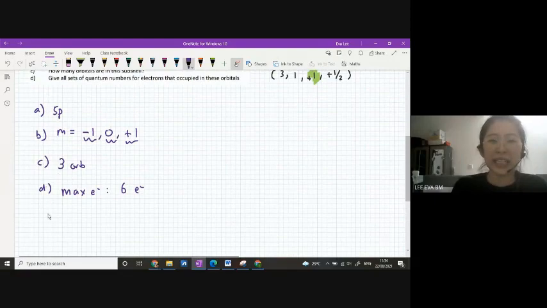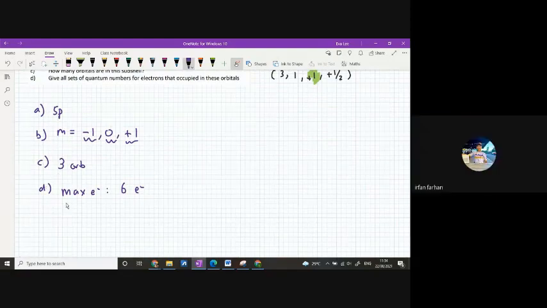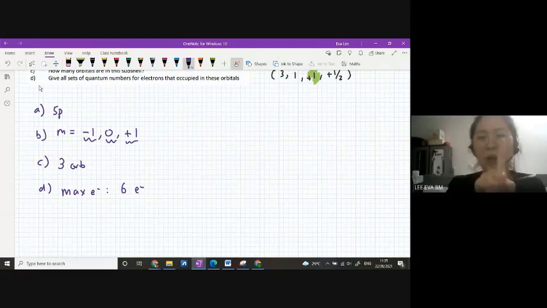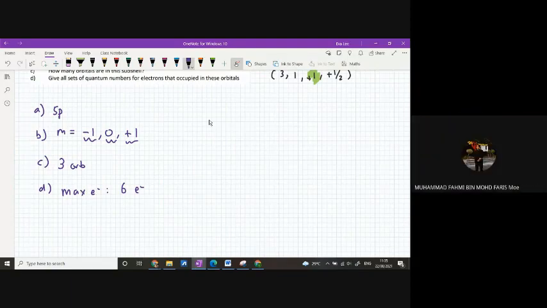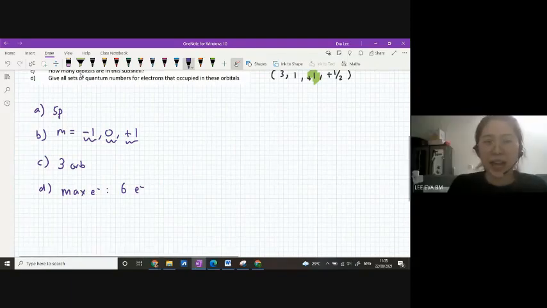How many sets of quantum number? Kalau madam cakap satu set quantum number untuk satu elektron. Sekarang awak ada 6 elektron. Berapa set awak kena ada? 6. So for here, because they ask for all set, then you need to give 6 sets.